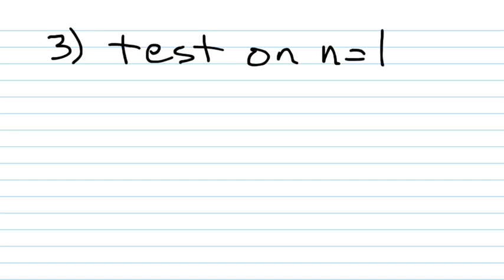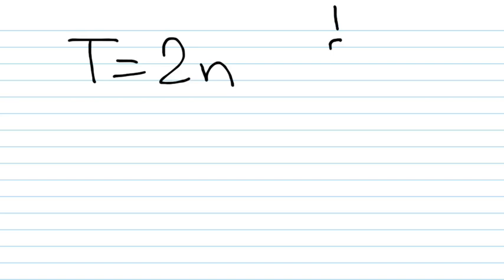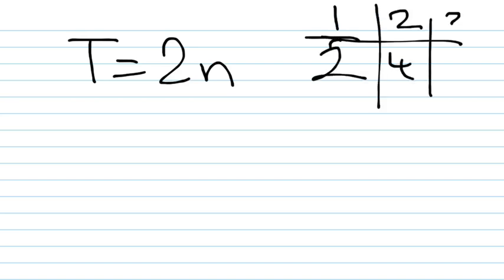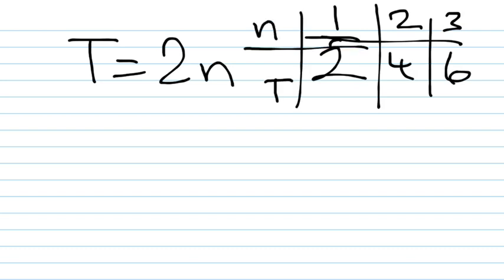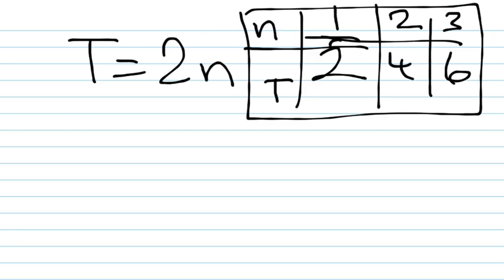So let's just go into the page ahead and I'll come back to the directions there. So we had t equals 2n with our common multiplier. And remember our pattern was 1, 2, 2, 4, 3, 6, etc., right? Just to remind you of what the table looked like. So what I'm going to do is test n equals 1, which simply means replace the n with what number? 1, and then work out the math.